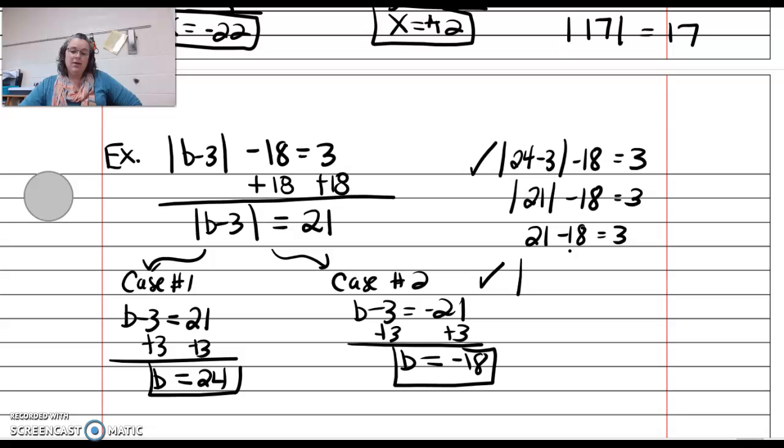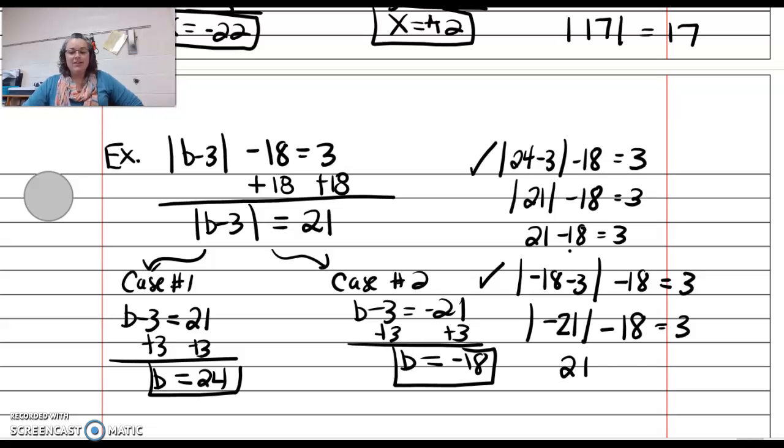If I were to put in negative 18 minus 3 and then minus 18, does this equal 3? Well, negative 18 minus 3 is negative 21, so the absolute value of negative 21 minus 18. Does this give us 3? Absolute value of negative 21 is a positive 21, minus 18. That does give us 3 as well. So both sides check out. And this is why we did our whole solving equations things to begin with.